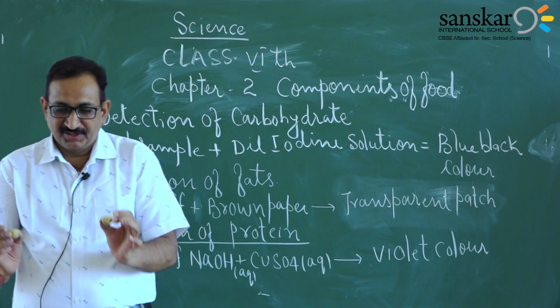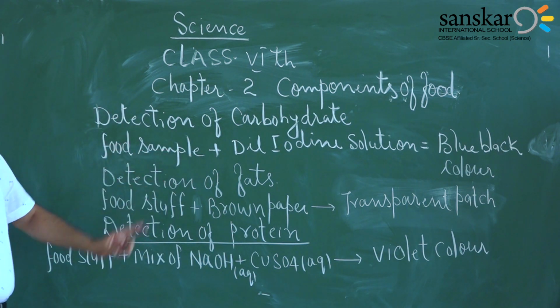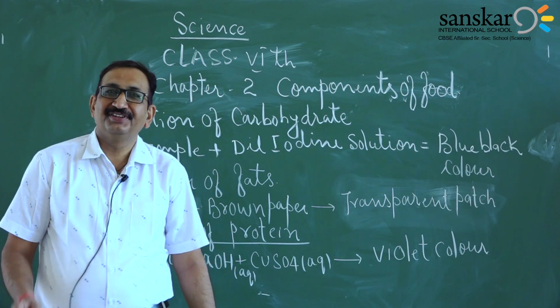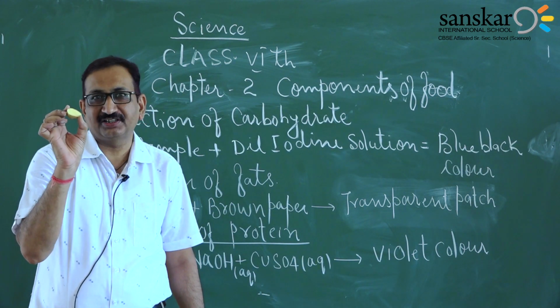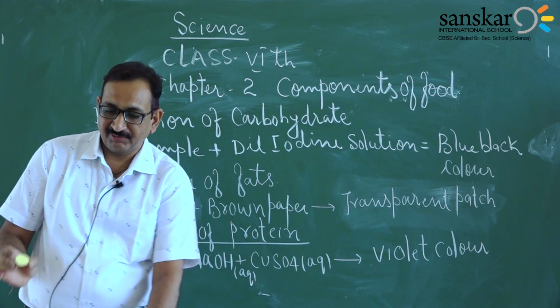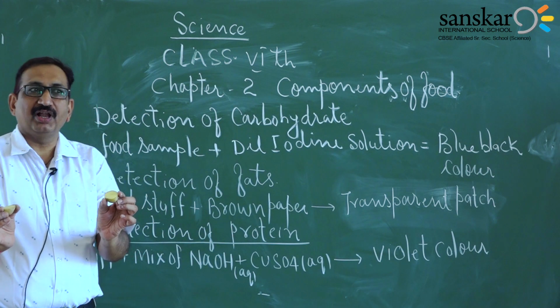Correct students? Now, here it is given the food sample. So what is our food sample, students? This is the freshly cut piece, which I have cut in front of you with the help of a knife into two equal halves.